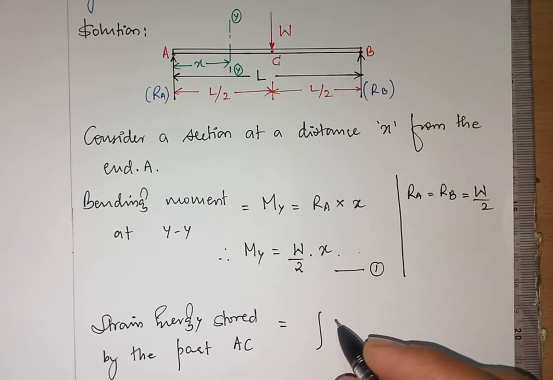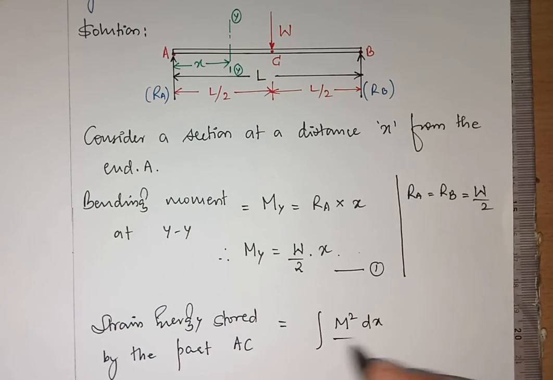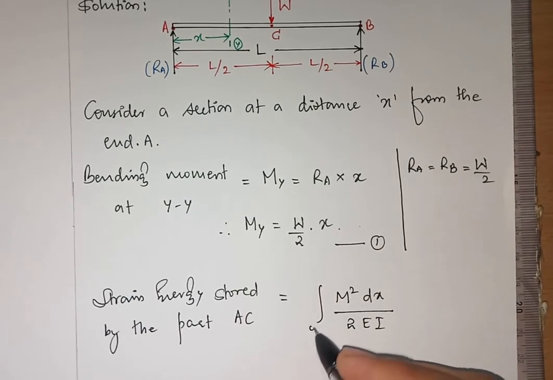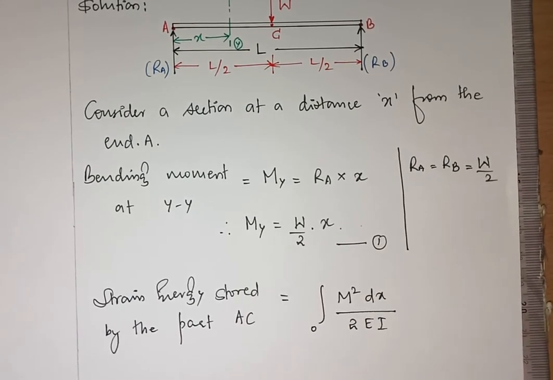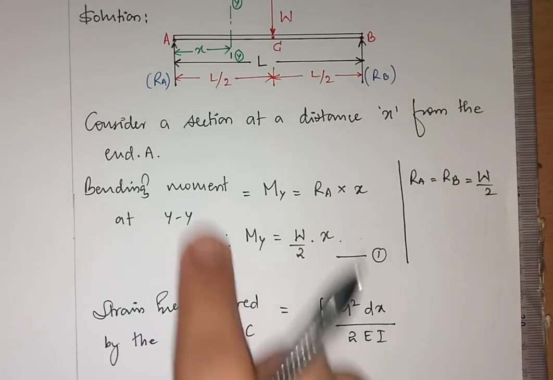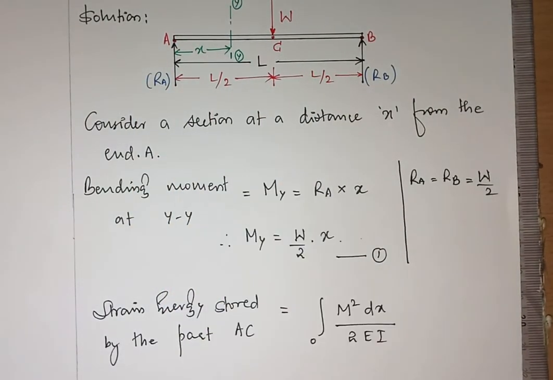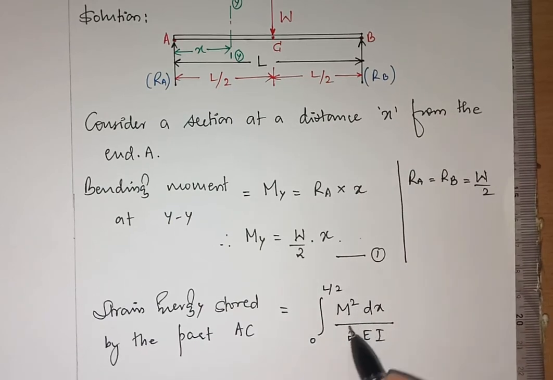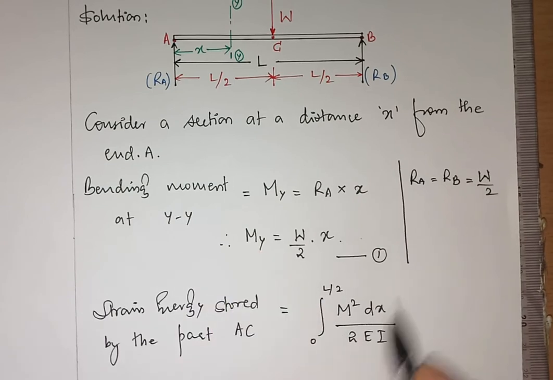We have already derived this. It will be M square dx divided by 2EI, and the limits will be 0 to L. But in this case I am considering part AC, which is 50% of the length, so it is 0 to L by 2.